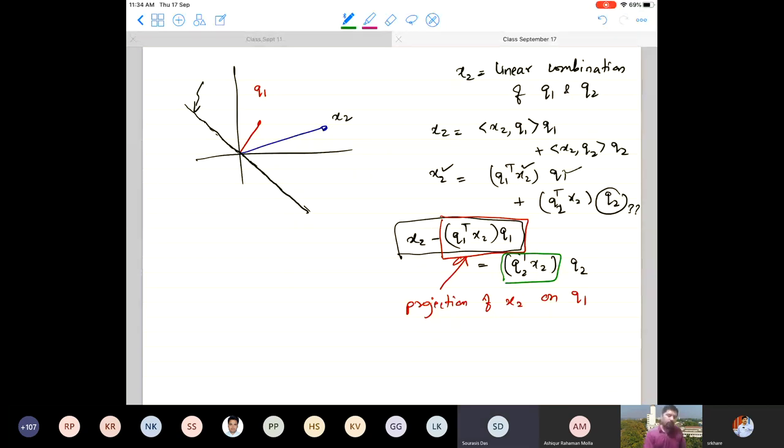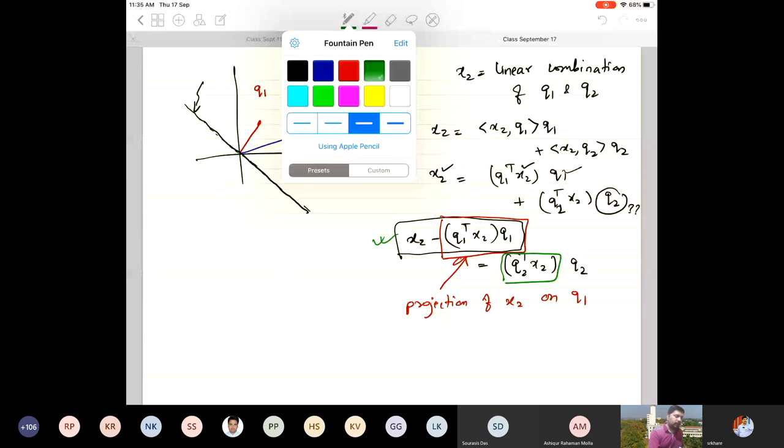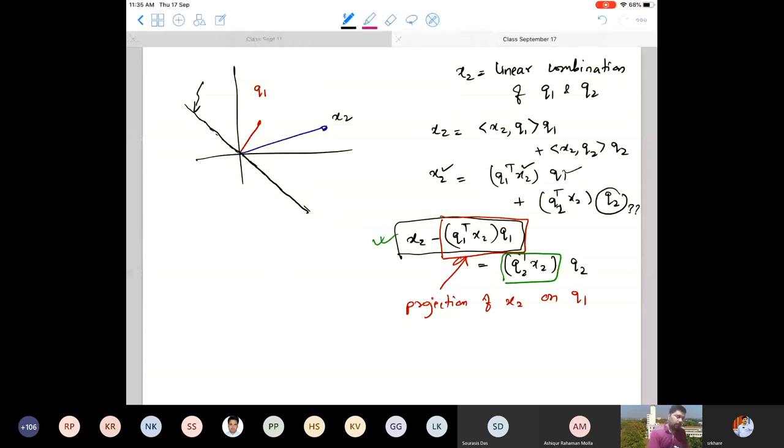Excellent. Now what you can check for yourself is that this green vector is perpendicular to q1.